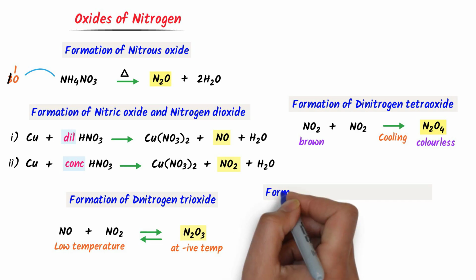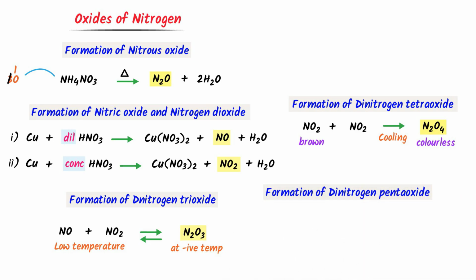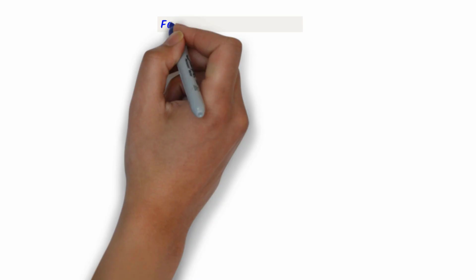The fifth reaction is formation of dinitrogen pentaoxide. We take P4O10 plus HNO3. When they react together, they form H3PO4 and N2O5. Hence note down these important reactions. The last reaction is formation of nitrogen dioxide.